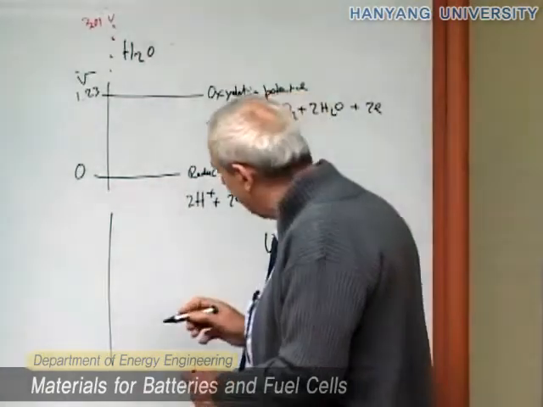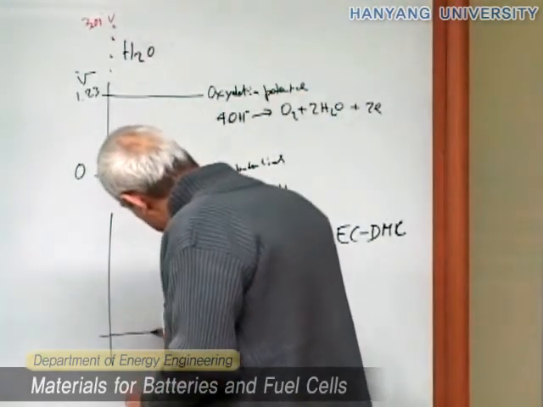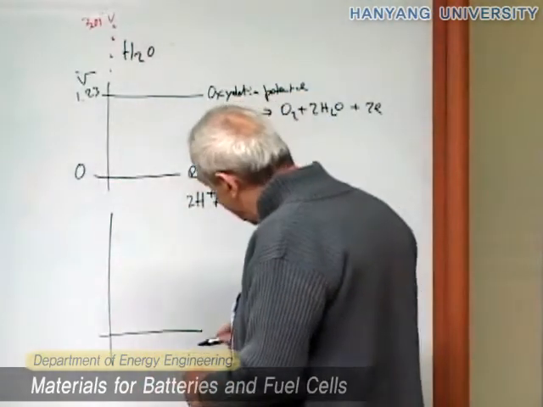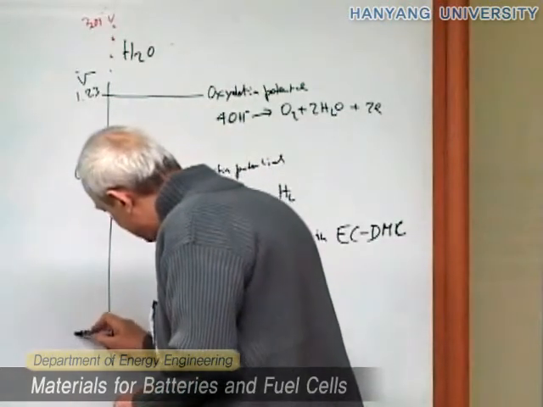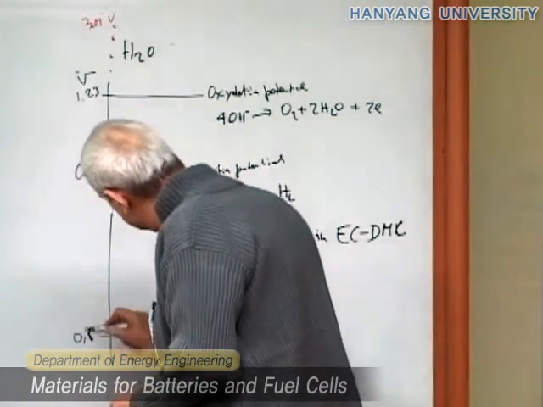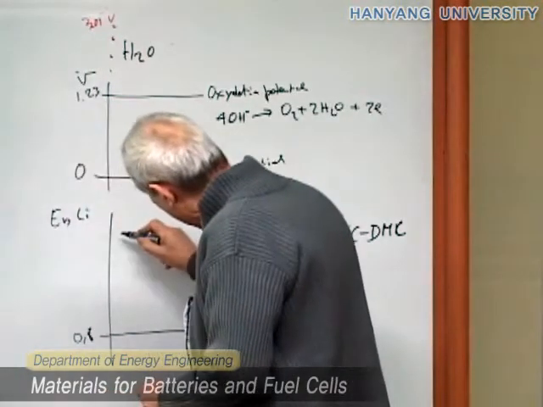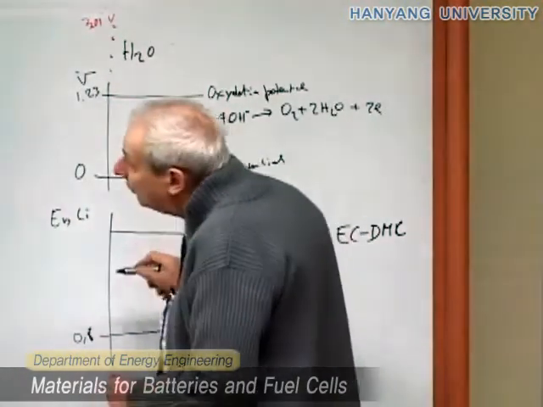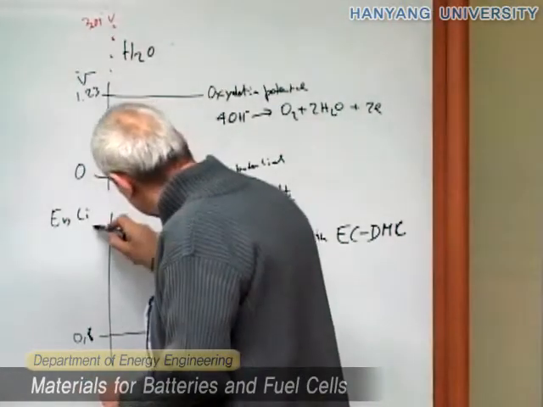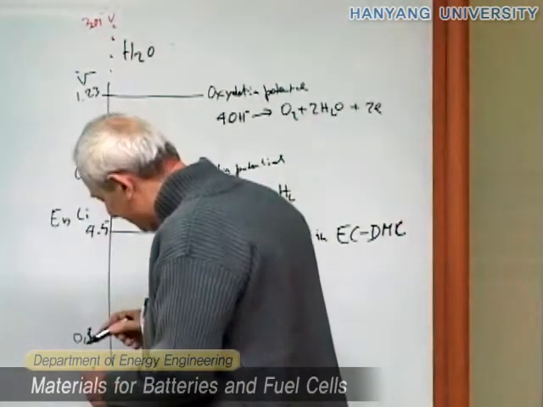Okay, so this electrolyte has a reductive voltage which is about 0.8. This is versus lithium. And up here, we arrive at about 4.5 volts.